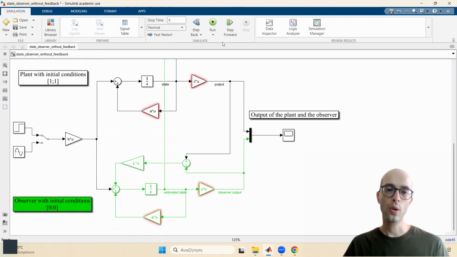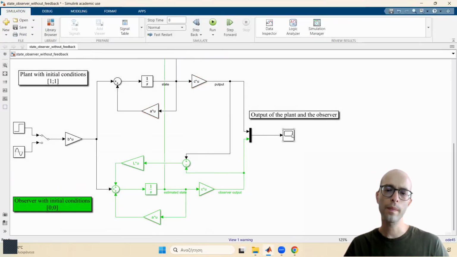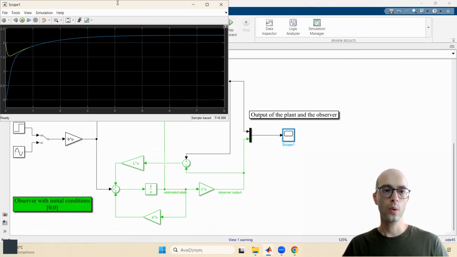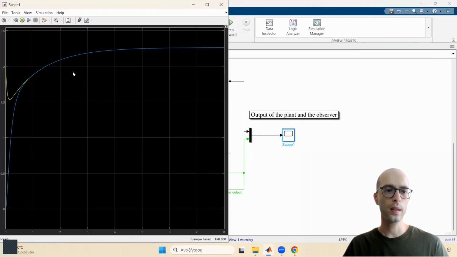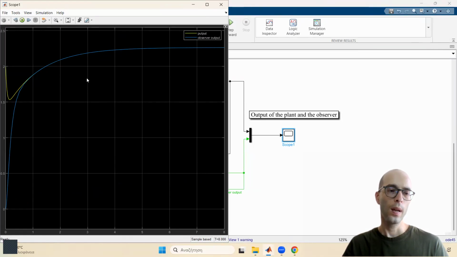Very nice. So now that I simulate the system, you will see, if we observe the outputs between the two systems, can we also view the legends maybe? You will see that the observer output eventually, after maybe 1.5 seconds, 1.2 seconds, converges to the real output of the system, which is in yellow.